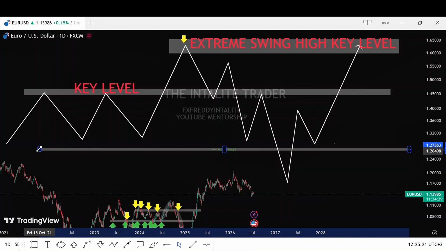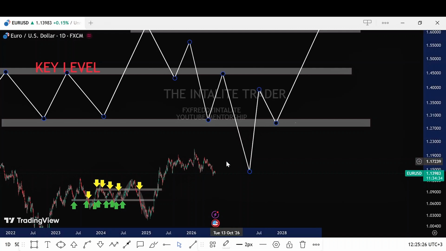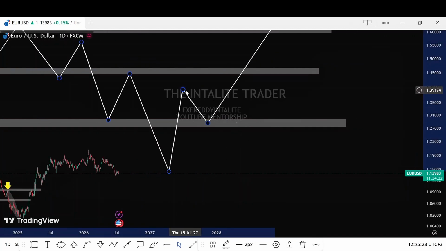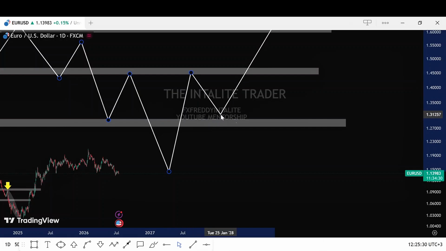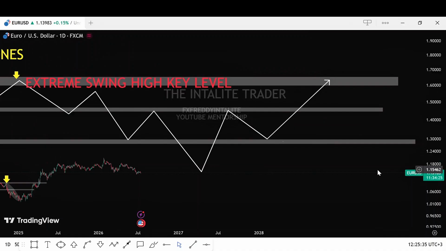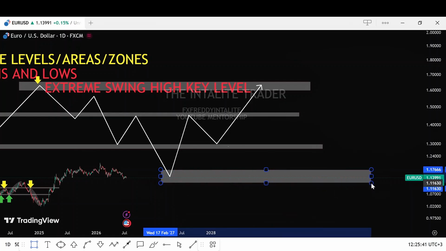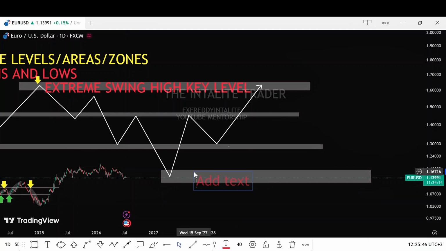So these are levels, but we want to see price come into this. So this will be our extreme swing low level. This one shall have this as our extreme swing low. So the lowest price point where price has reached in recent times. So this is the extreme swing low.